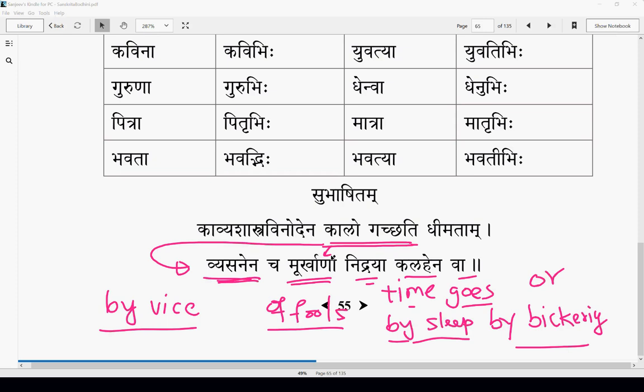But if you want to exactly understand each and every word, how it is put there, and in what form it has been used, then you have to again dive down and understand, identify the vibhaktis, forms, etc.